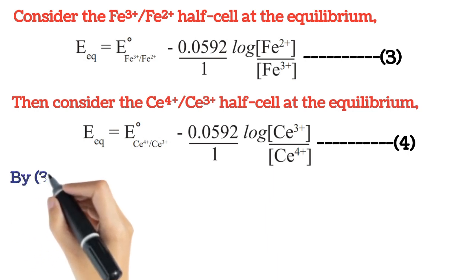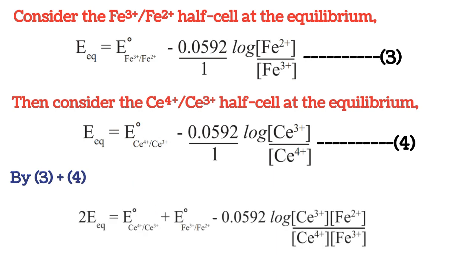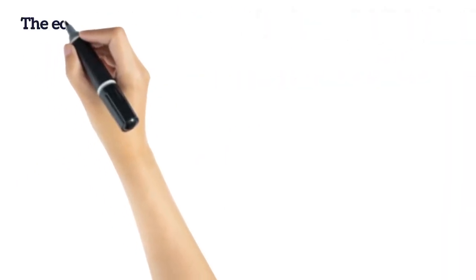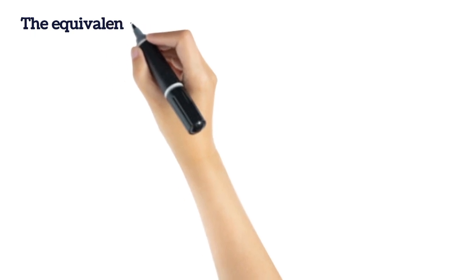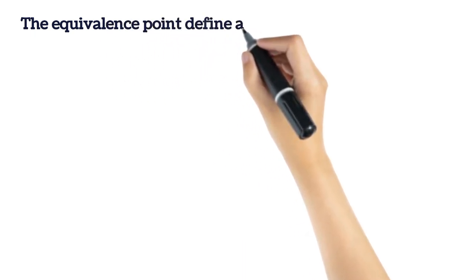By adding equations 3 and 4, we can find the value of the equivalence point potential of the reaction. At the equivalence point, the concentration of each species should satisfy the below conditions.